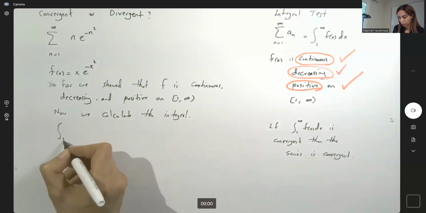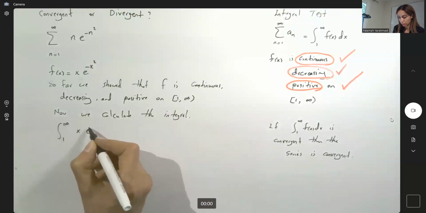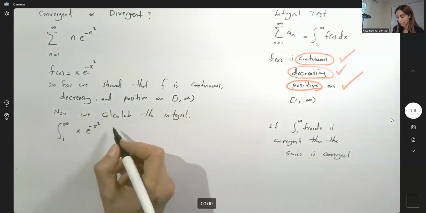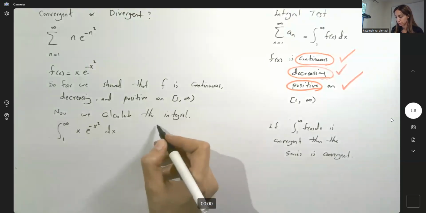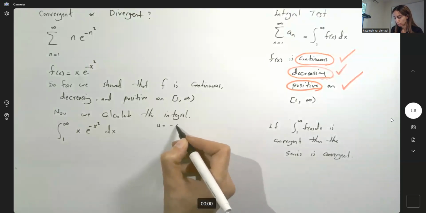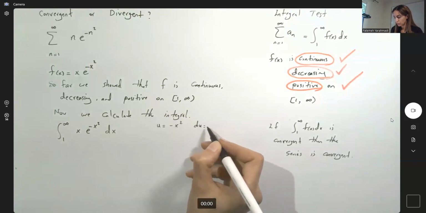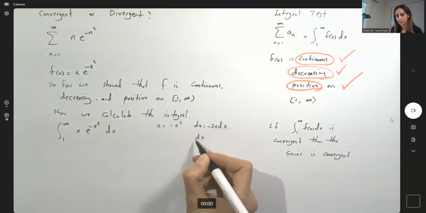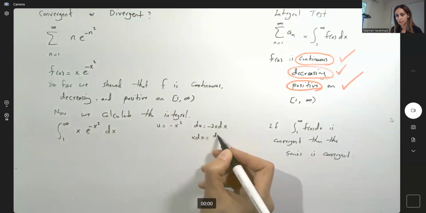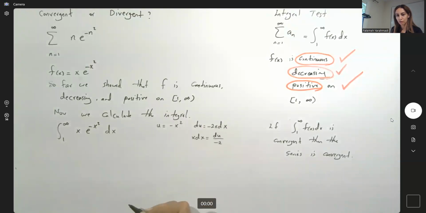The integral from 1 to infinity of x e to the power negative x squared dx, we can use u-substitution, right? u is equal to negative x squared, du is negative 2x dx. So x dx is du divided by negative 2.